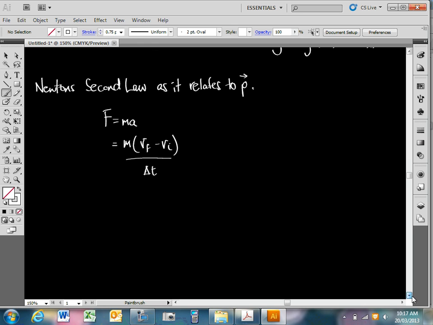Stop me if you don't follow me. I'm going to break this up using the distributive law: m v f minus m v i over delta t. What are we looking at here?